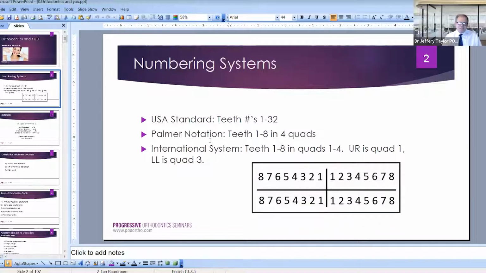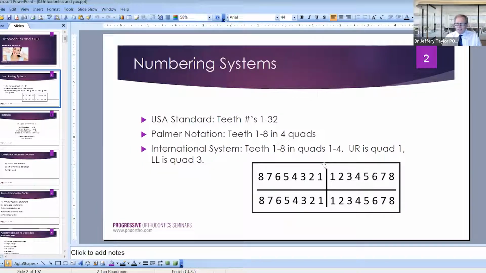Sorry about that digression. So we number teeth 1 through 32, and this is a really hard thing to get out of your head because you've done it for so long, but we speak in the international system or the Palmer notation system, where we divide the quadrants into 1, 2, 3, 4, and the central incisor is a 1, an upper cuspid is a 3, and a wisdom tooth is an 8.